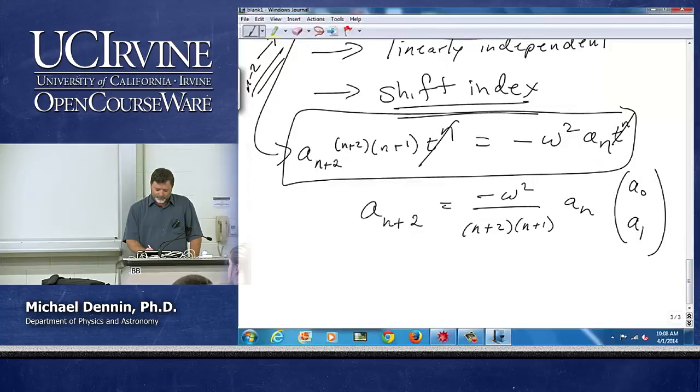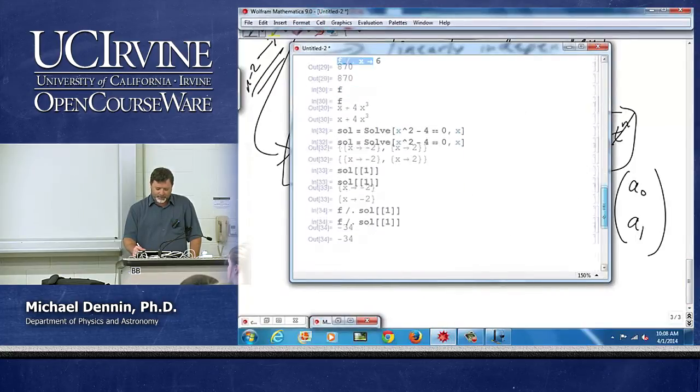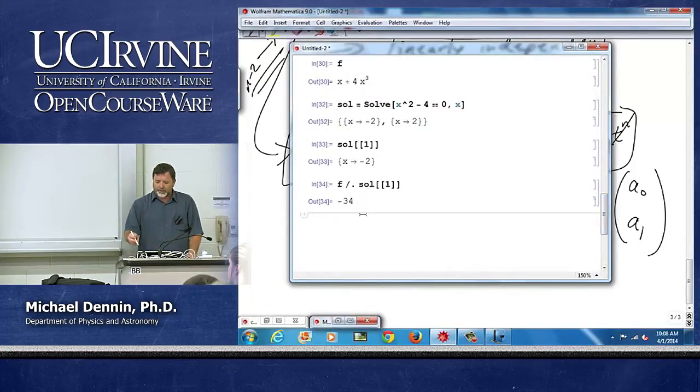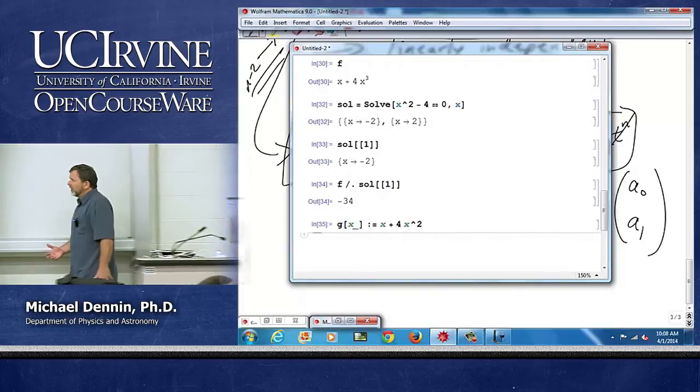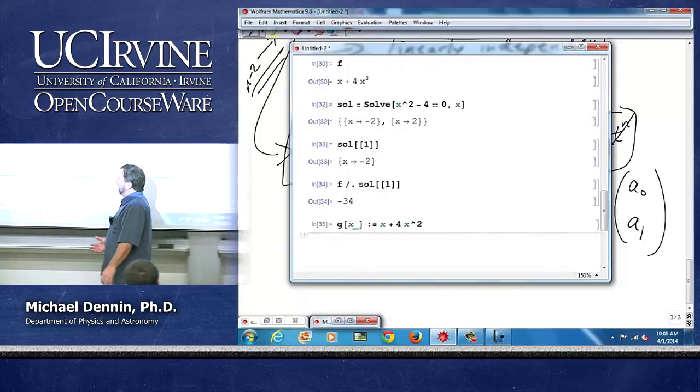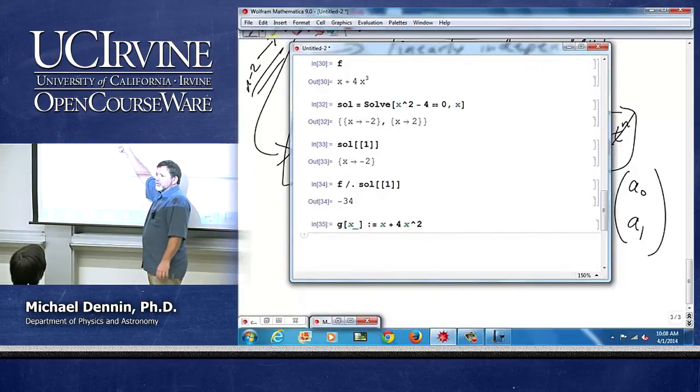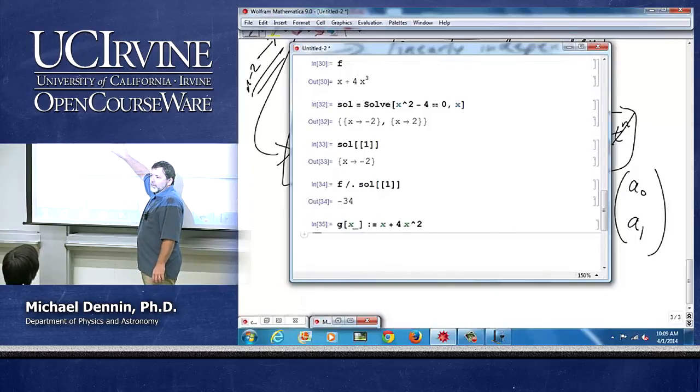Now, I keep clicking on the wrong slide bar. I still have one other equal sign I can use. I can make a function, and the notation in Mathematica to make a function is g of x with an underscore. That's telling it this is my dummy variable.